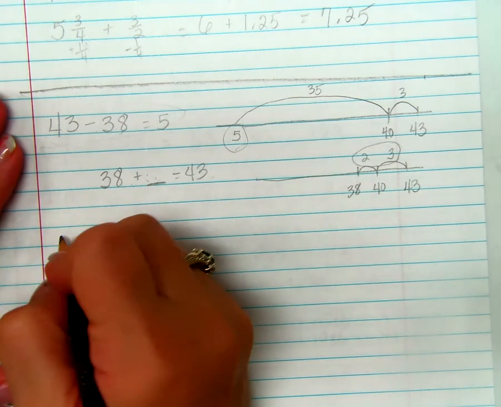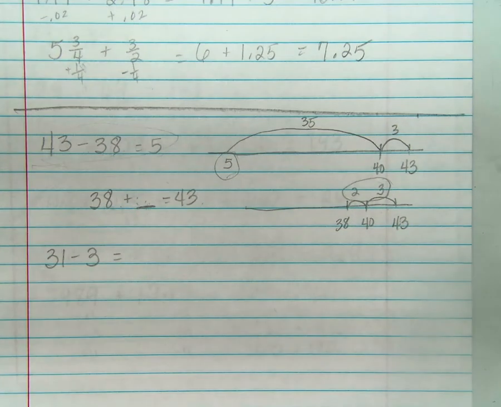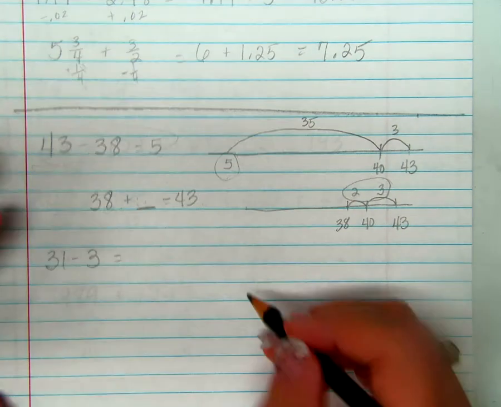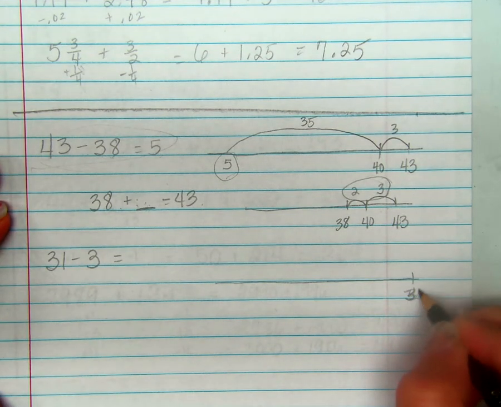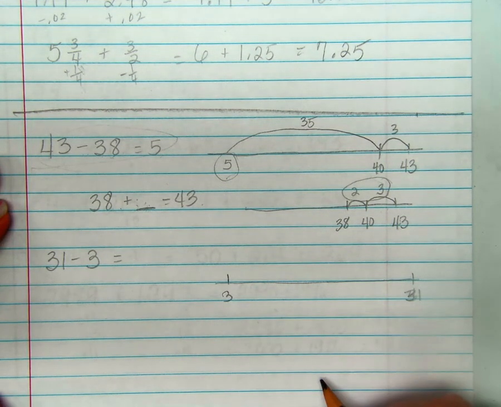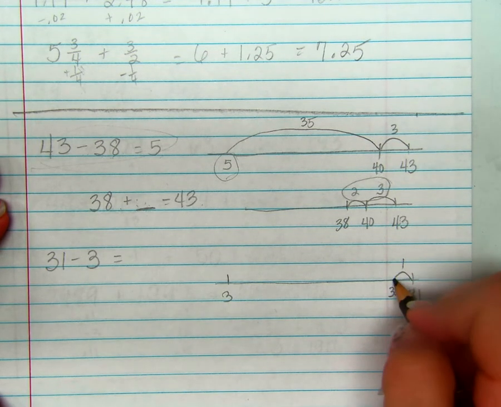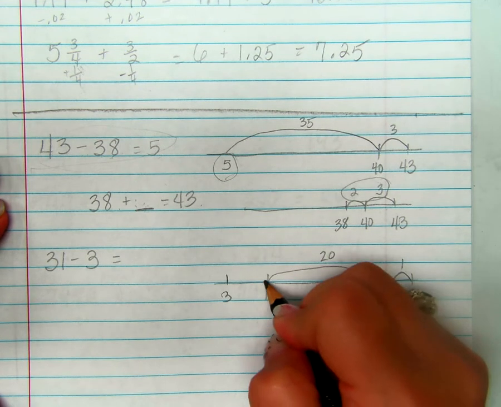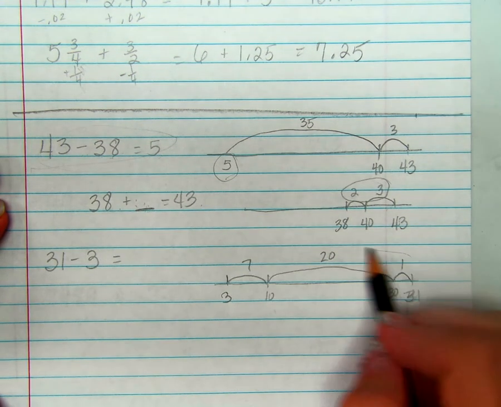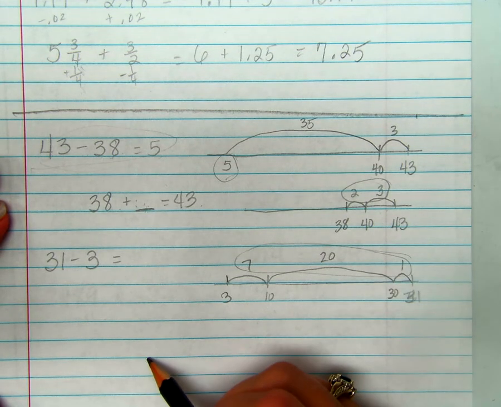So how would you do this problem? Well, on a number line, we could go from 31 all the way down to 3 by going 1 to 30, and then down 20 to 10, and then down 7. So how many did I subtract? 28.